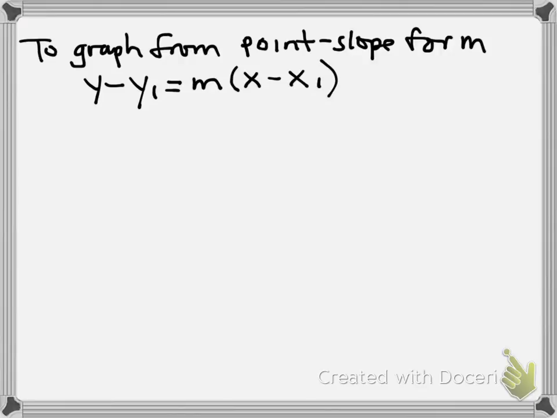And let's say yours looks like this: y minus 3 equals 2 times the quantity x plus 4. So what I need to do now is identify the signs for my coordinates of my point, okay?